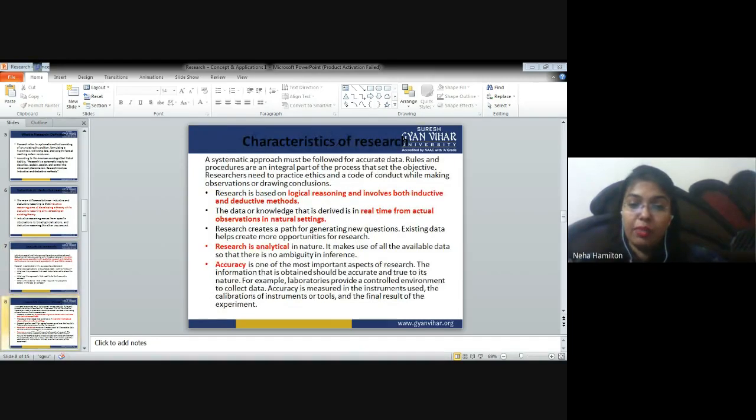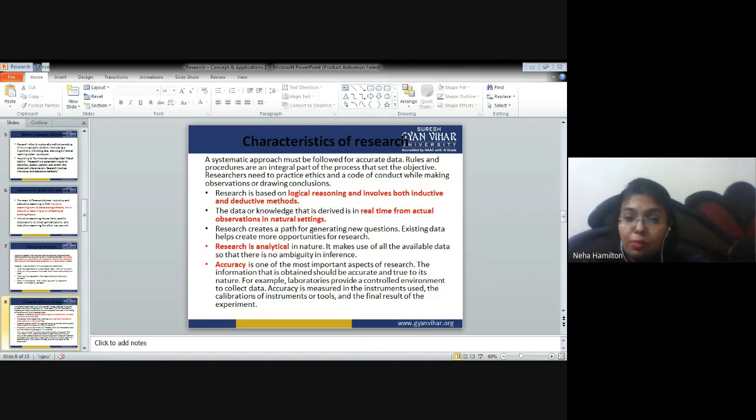Next slide is very important because it carries characteristics of research. So, what are the characteristics of research? Let us understand. A systematic approach must be followed for accurate data. Rules and procedures are integral part of processes that set the objective. Researchers need to practice a fixed code of conduct while making observations and drawing conclusions.